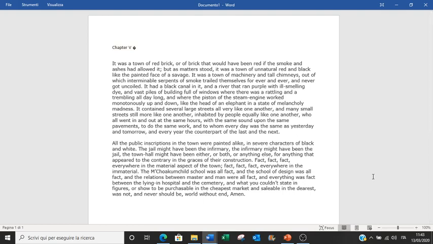So as you can see, all the buildings, all the public buildings are the same, have the same look in a way, because as he says, the infirmary could have been the jail, the town hall could have been either, so the infirmary is a hospital, the jail is the prison, right? So buildings that have a very different function in the public life, right?